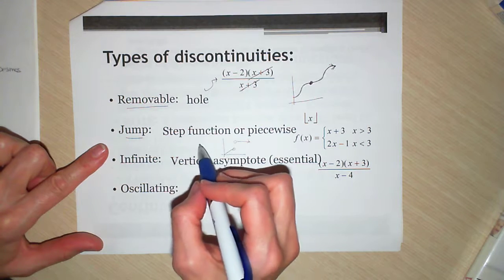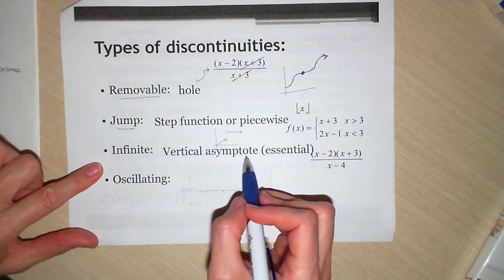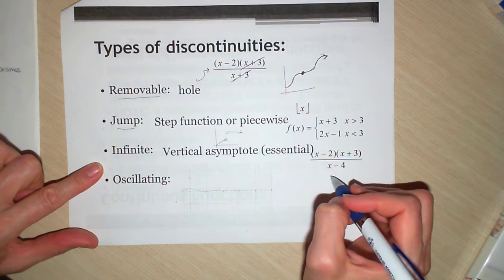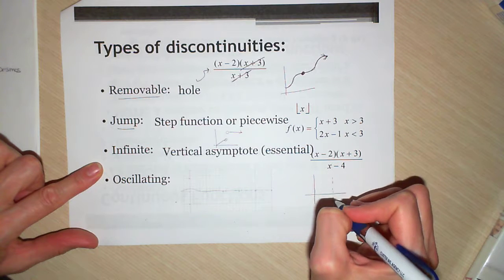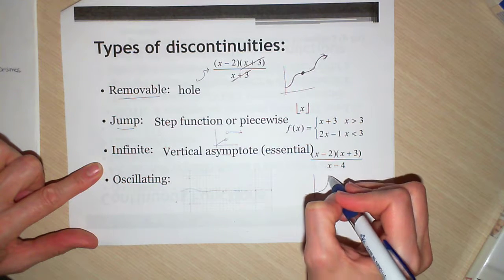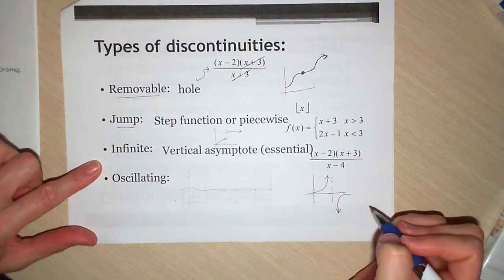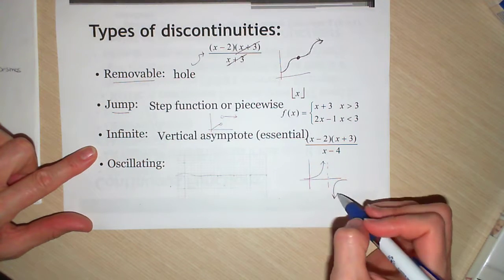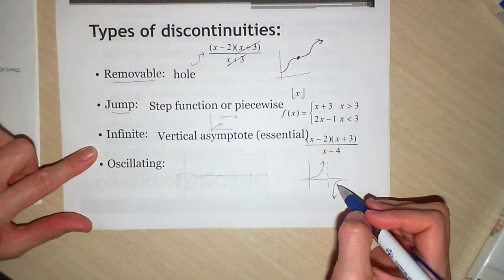So jump is the second one. Infinity is where you have a vertical asymptote. So this would be an example of an infinite function. And once again, I want you to pause the video and fill these in. So an infinite discontinuity might look like that. And that's not removable, right? There isn't a way to easily fill that in.